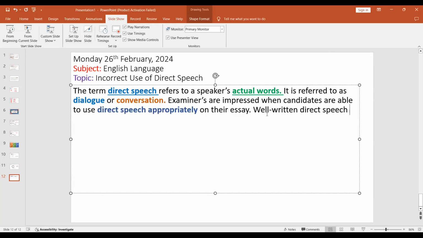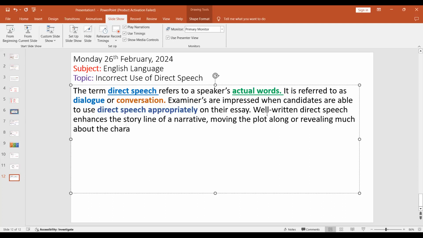Well-written direct speech enhances the storyline of a narrative, moving the plot along, or revealing much about the characters and their personalities.